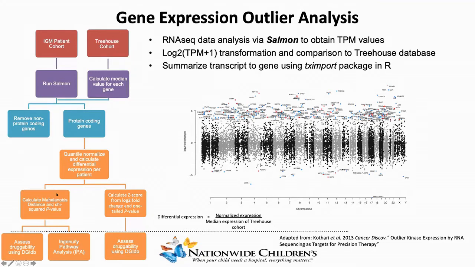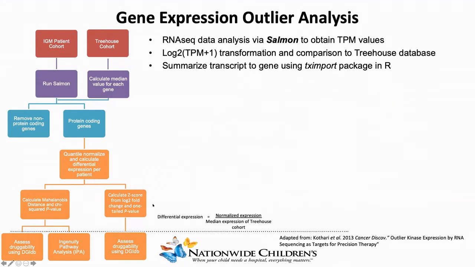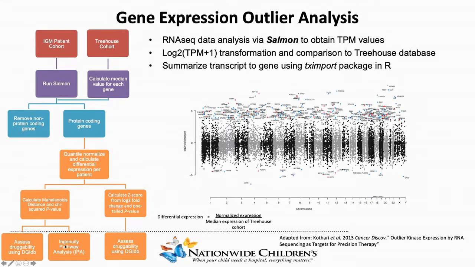In some cases, we calculate the Mahalanobis distance and get a chi-squared p-value for the comparison, and we can also calculate z-scores from these log2 fold changes and get p-values accordingly. Finally, we want to assess druggability using the drug-gene interaction database or evaluate the pathway by IPA.